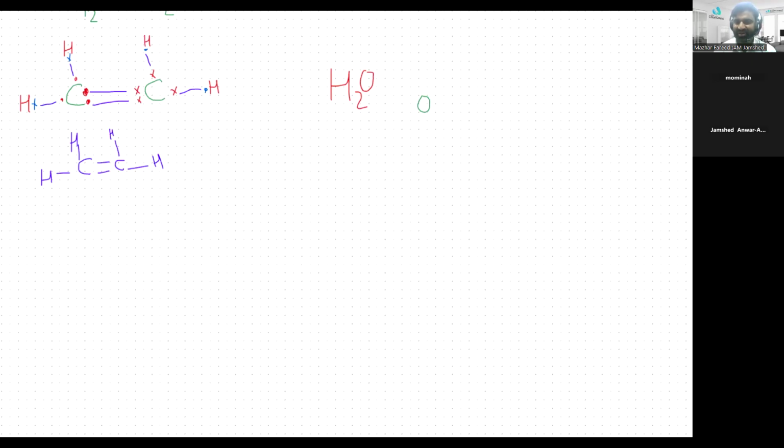So you have to write 6 electrons present in the valence shell, either with crosses. So there are 2 hydrogen atoms.